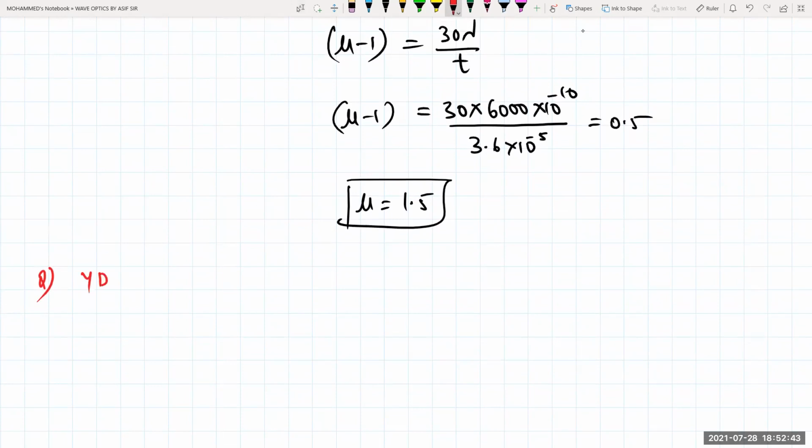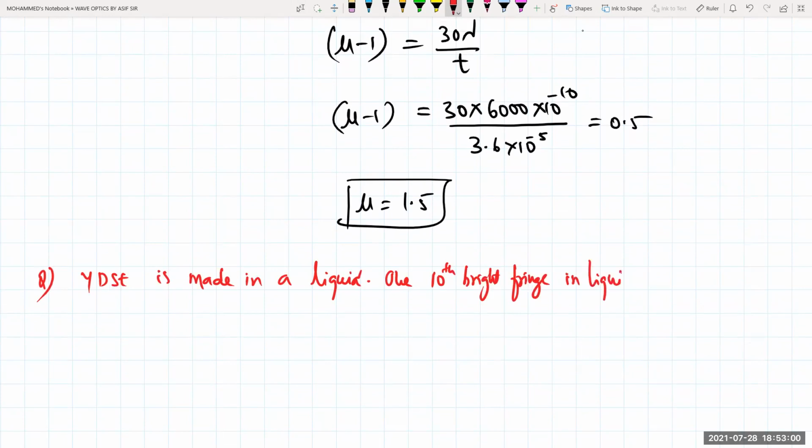See this one. YDSE is made in a liquid. The 10th bright fringe in the liquid lies where the 6th dark fringe lies in vacuum.